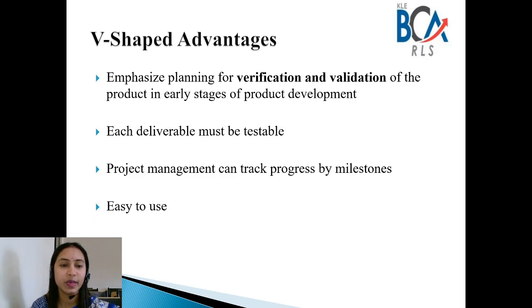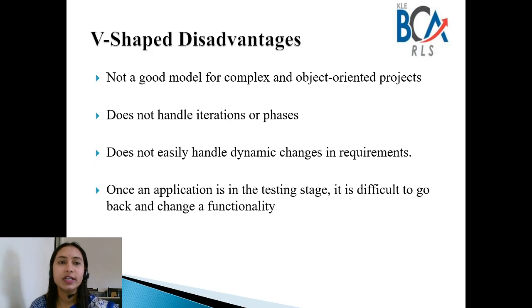The disadvantages of the V model are: it is not good for complex and object oriented projects. It does not handle iterations or phases like you have seen in the previous models. Like the spiral model, which handles the iterations, so you can go back and come back again with the same rotation.